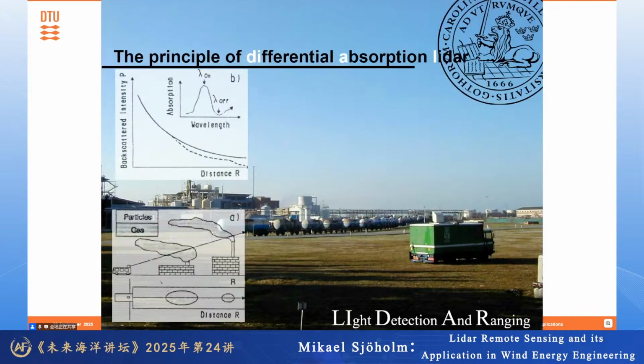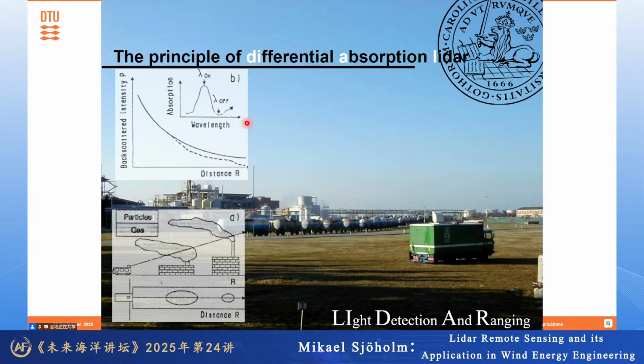So what we do in the differential absorption LiDAR is that we use two different wavelengths, very closely spaced. You can see this also online: we send out something off this absorption line that has some kind of attenuation as a function of distance.